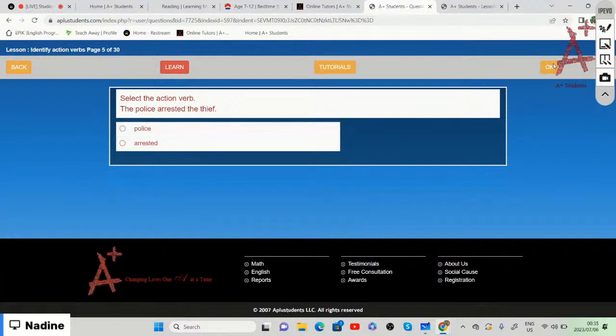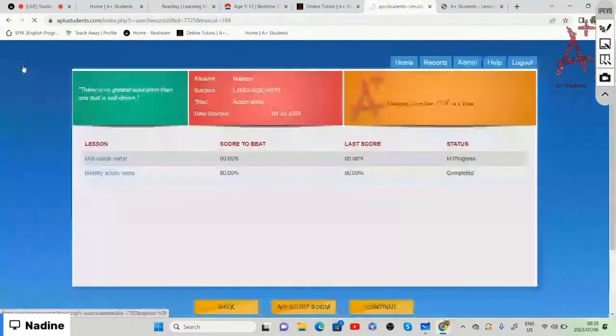All right, so now that is us identifying action verbs. And once again, we said that an action verb tells what a noun does. An action verb shows action that is physical or action that is mental.